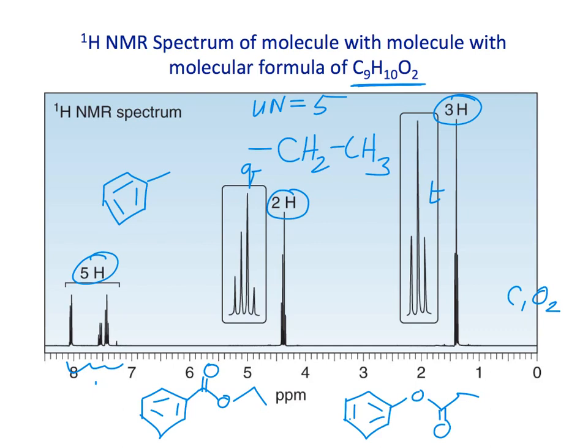So what's the difference? Let's look at these two structures and pick out a part of the structure that's going to show up differently in a proton NMR spectrum between those two. So which protons would be the most different in those two? Yeah, I would agree. I would say the CH2 groups, right, here versus here.